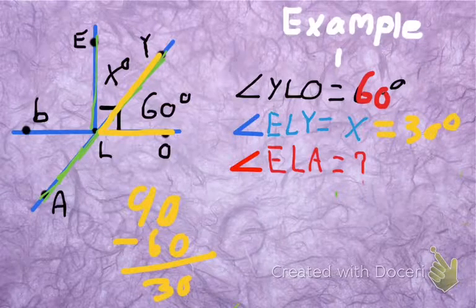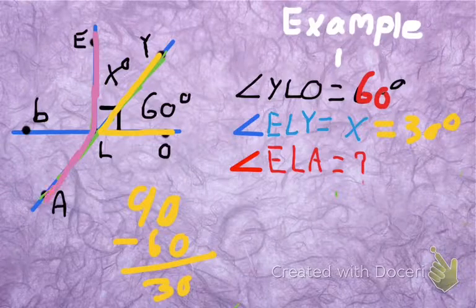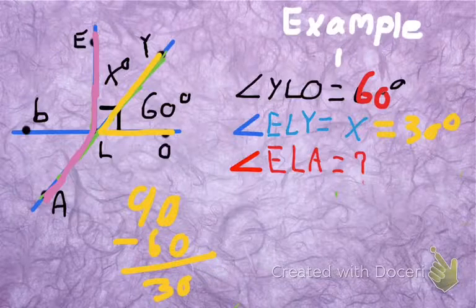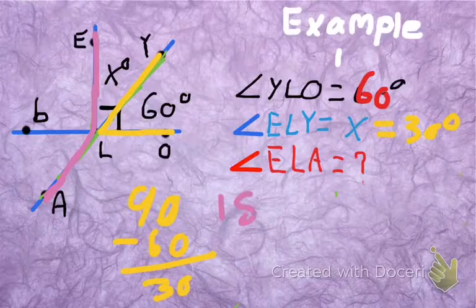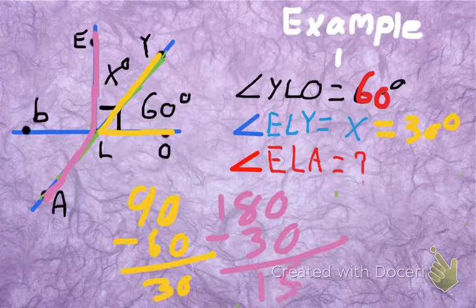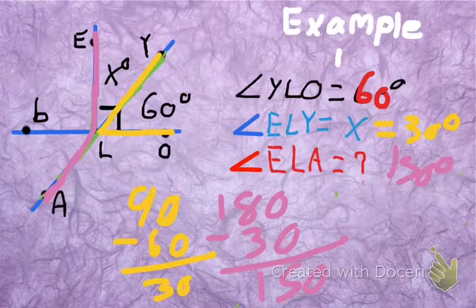Next you find ELA, which is right here. You know this is a linear pair or supplementary, whatever you want to call it. So since you know X is 30 degrees, you just subtract 180 minus 30, and you get 150. So you know angle ELA is 150 degrees.